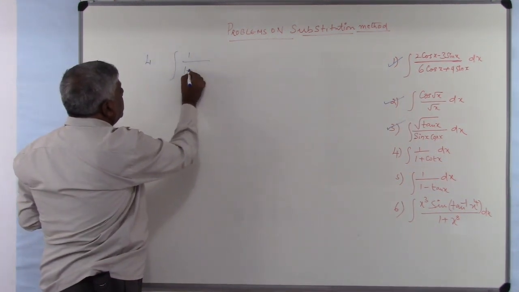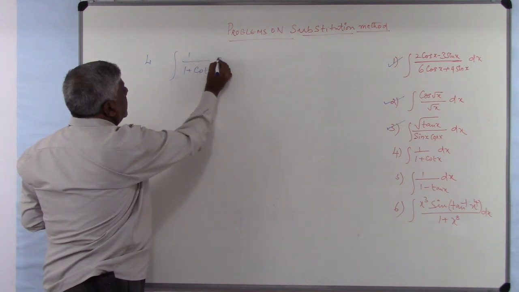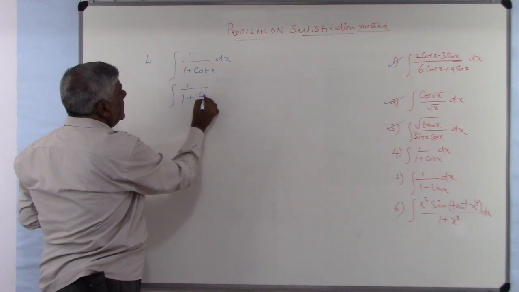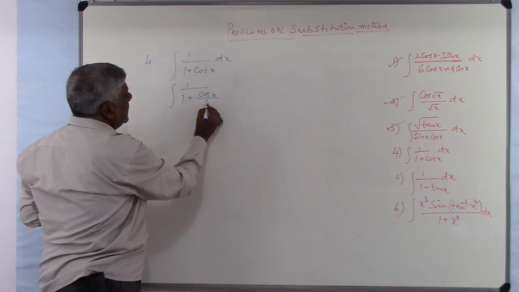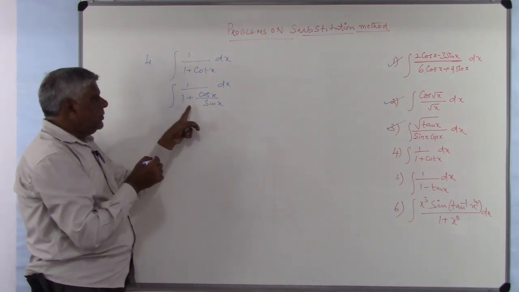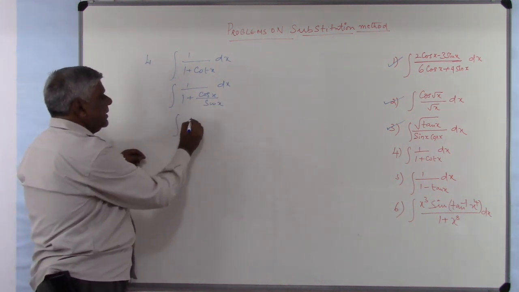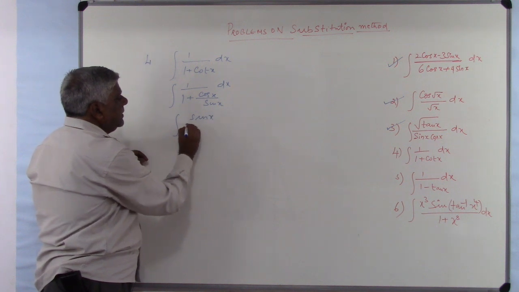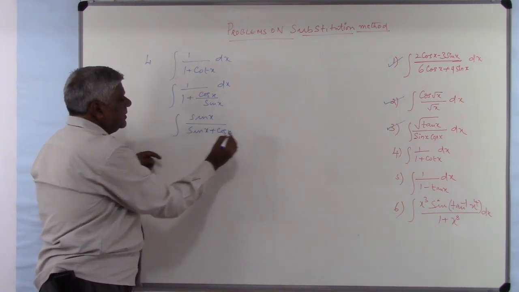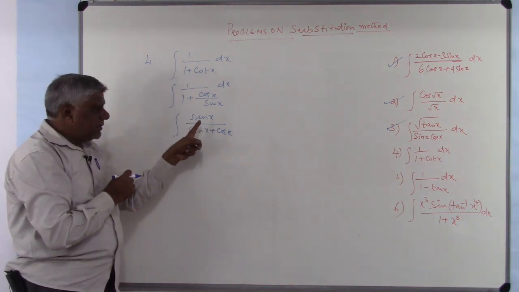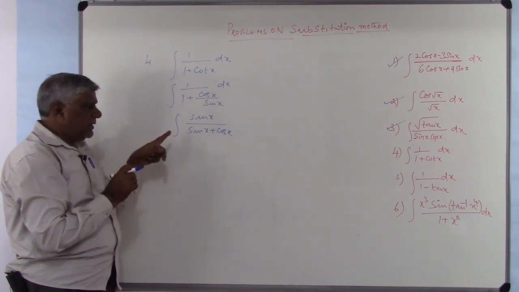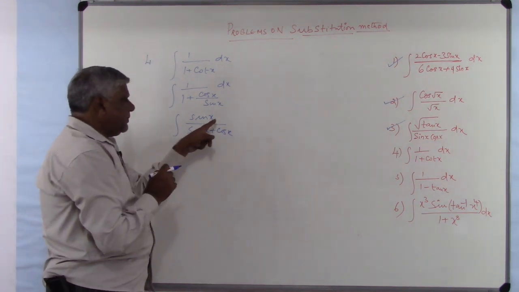1 over 1 plus cot x dx. The integral 1 over 1 plus cos x by sin x dx. We are going to take LCM. It becomes sin x by sin x plus cos x dx. Now what we are going to do, you can see here. One adjustment we are going to make.